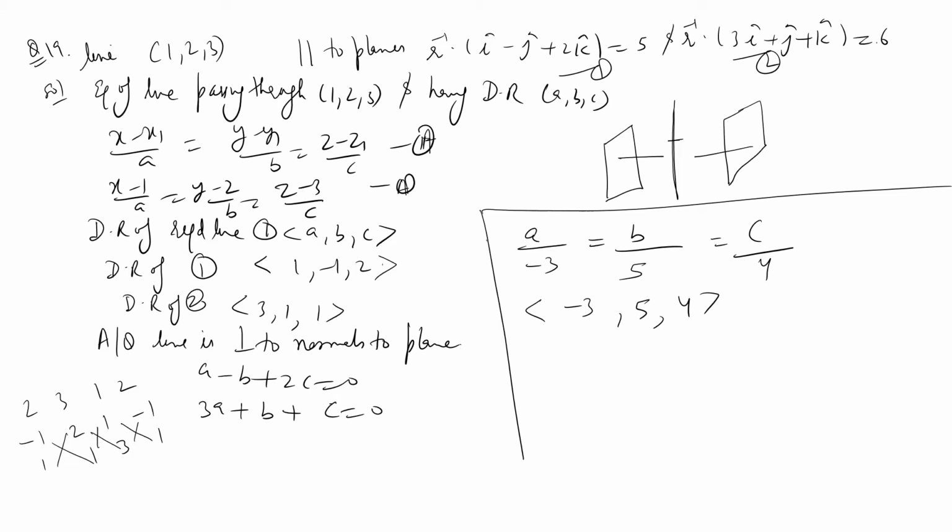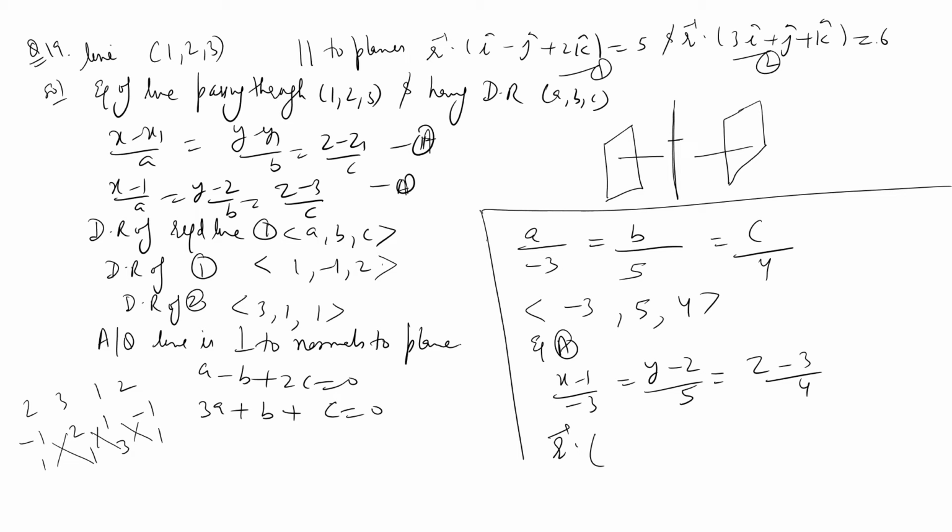So what will be your equation? The equation will be x minus 1 upon minus 3, y minus 2 upon 5, z minus 3 upon 4. And you can change it to vector form like r.